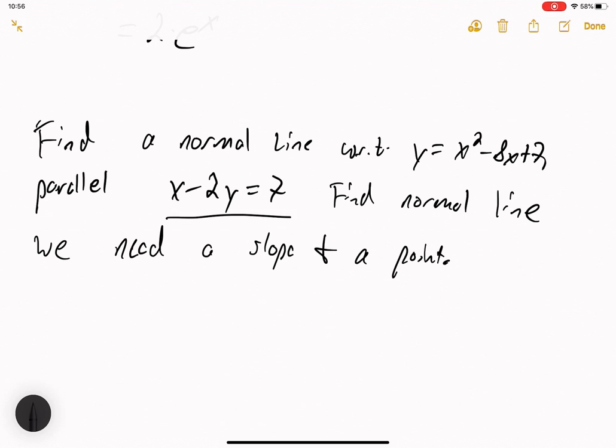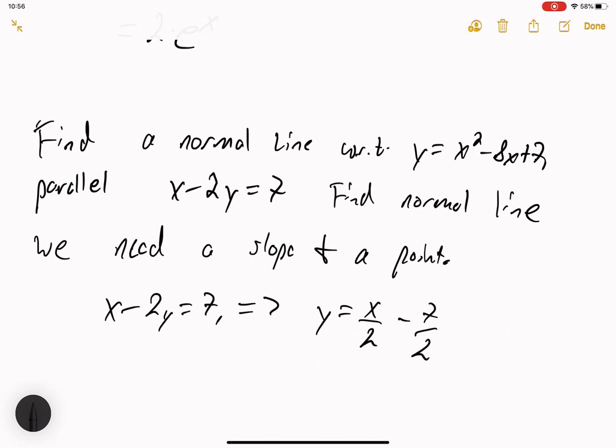The slope will come from the fact that it's parallel to a certain line. So we get x minus 2y is equal to 7. I'm just going to rewrite that and solve for y. So move the 7 to the other side and then divide by 2. So we get y is equal to x over 2 minus 7 over 2.